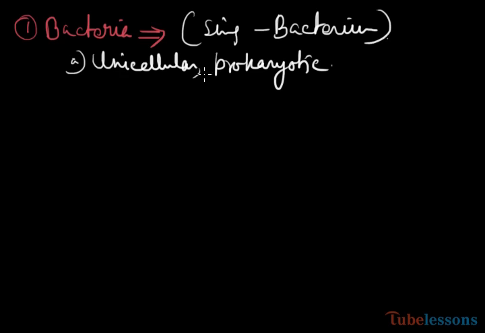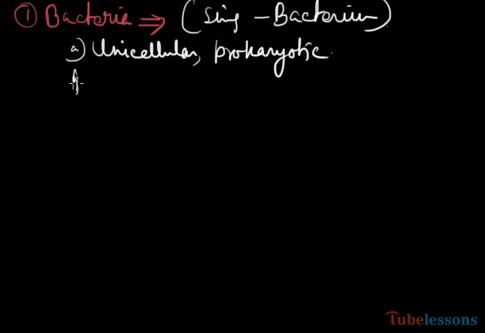Unicellular, that we can understand, composed of a single cell. Prokaryotic means the nucleus is very much primitive, or we can say nucleus is not well defined. So these are prokaryotic in nature. Next one, they also found everywhere, like air, water, soil, etc.